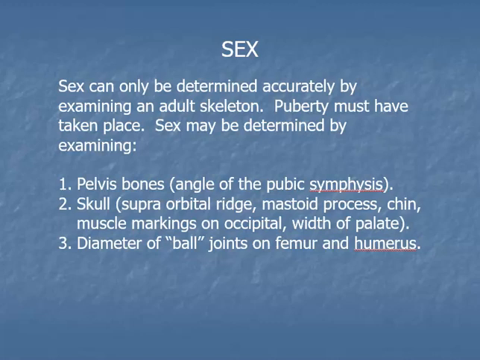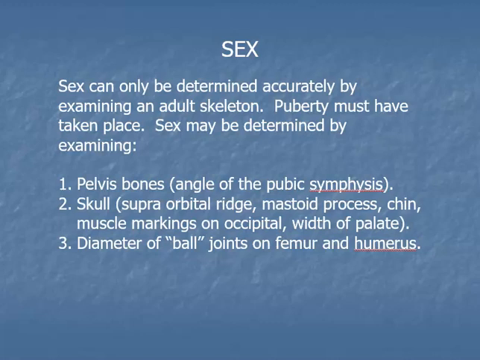But if you have the skeletonized remains of a child, someone who has not gone through puberty or is going through puberty, then it's very difficult to determine what the sex of the skeleton is unless there's some post-mortem artifacts left with the body, such as they were in a dress or had female clothing or male clothing on their body at the time of death.